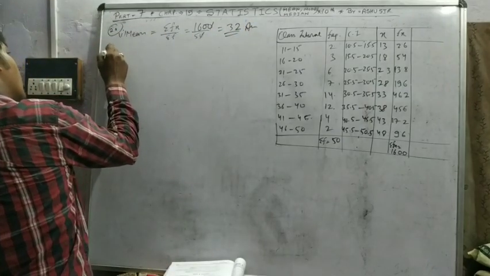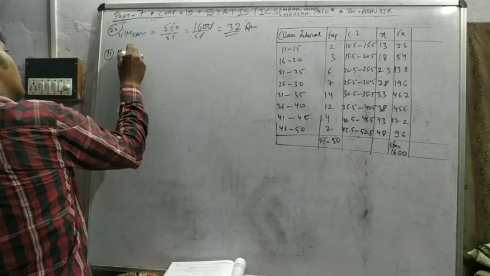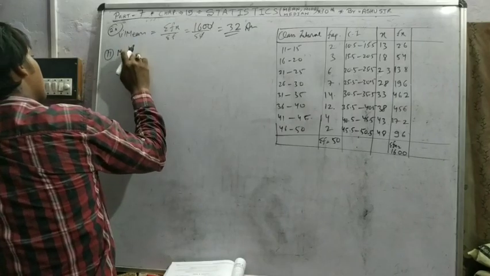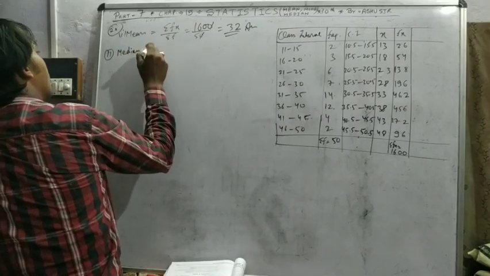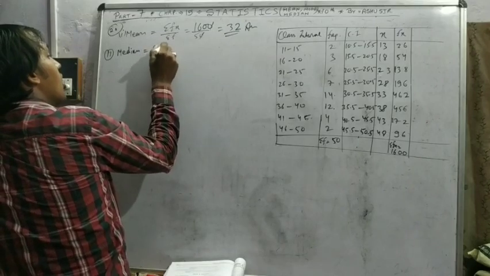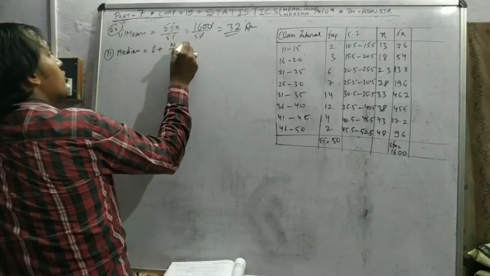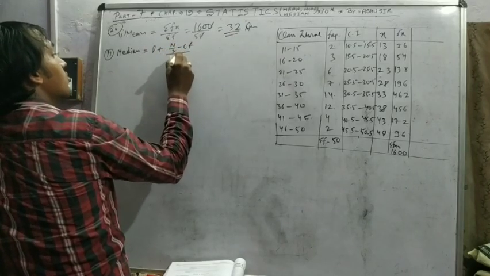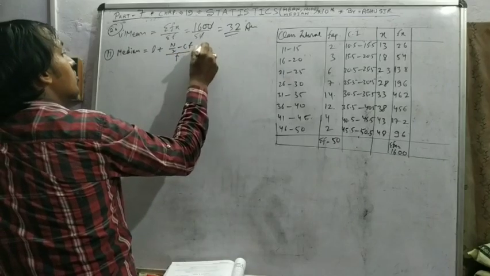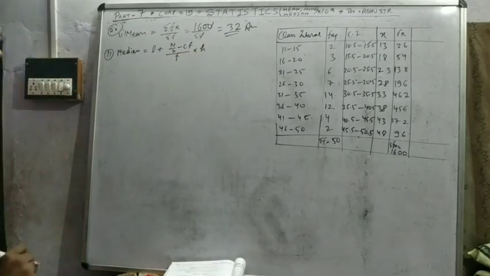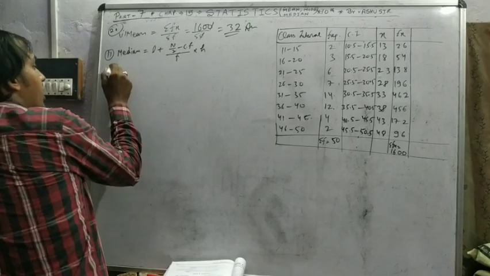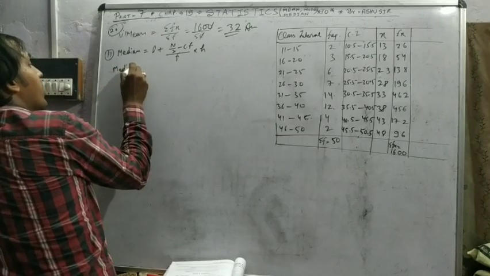Then we find the value of the median. Median is equal to L plus n by 2 minus CF upon f into h. So firstly find all the values. We find the median class.